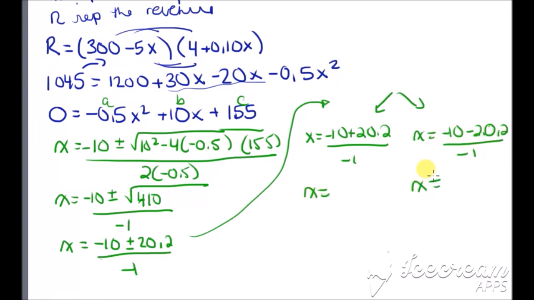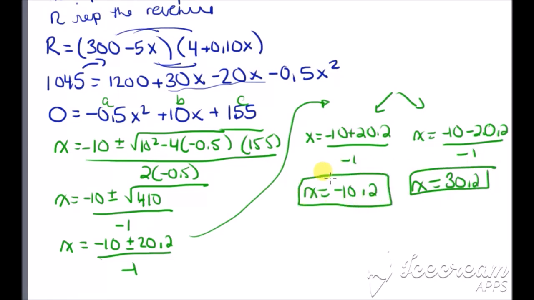So when I put these into my calculator, for the first one I get negative 10.2, and for the second one I get 30.2. Okay, so because we're doing a price increase, I'm going to ignore the negative one. So I'm going to call this inadmissible. Okay, so there's going to be 30.2 price increases.